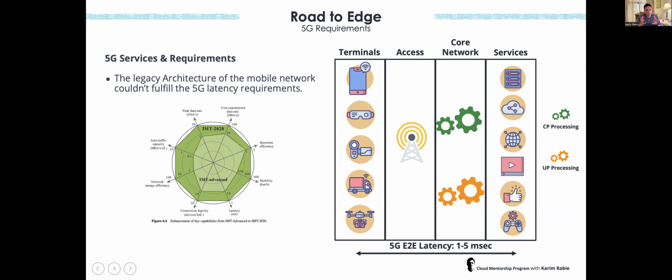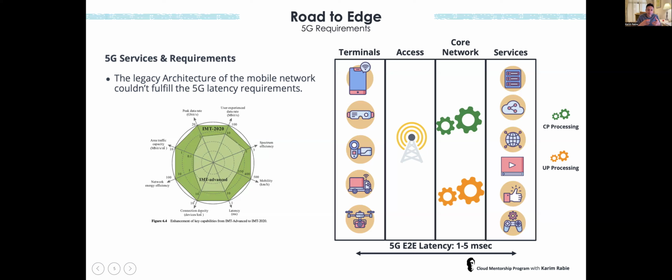But then the basic question would arise here: is this the latency between the UE and the gNodeB, the air latency, or is it the end-to-end latency? Our perception and understanding is that it should be the end-to-end latency from the terminal to the service and from the service to the terminal.